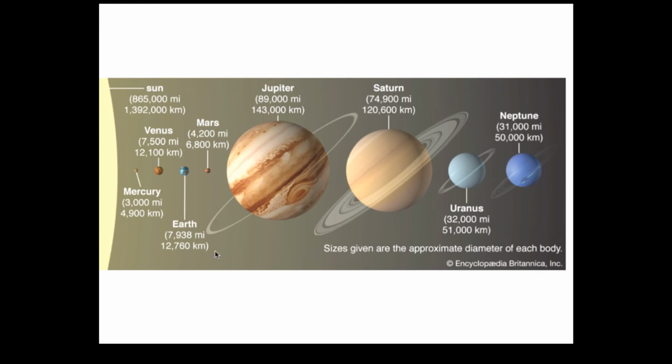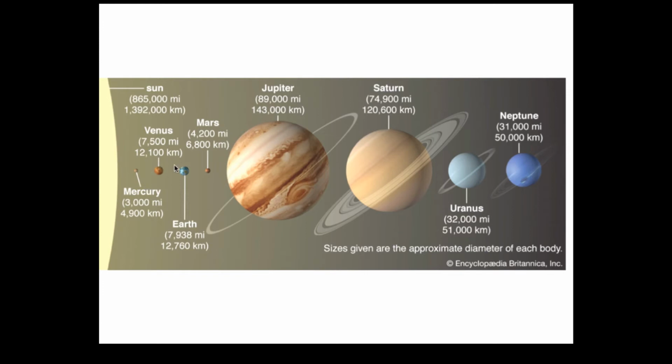This is an image that gives us a sense of the relative size of the various objects. Obviously, the positions are all wrong. And they left out Pluto because there's a big argument about whether or not Pluto's actually a planet anymore. Whatever about that, it's definitely an object out there, so it really doesn't matter what we want to call it.